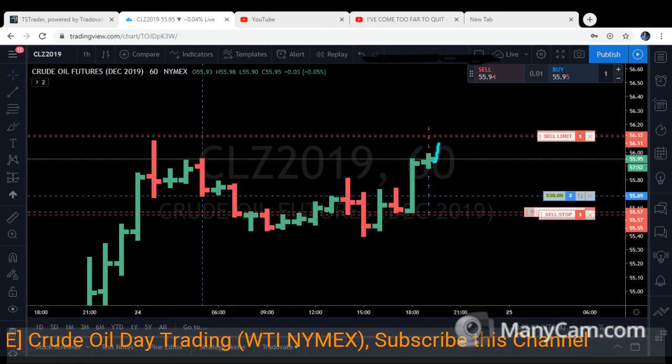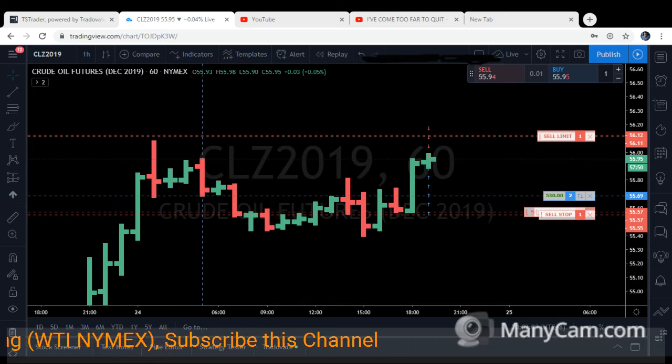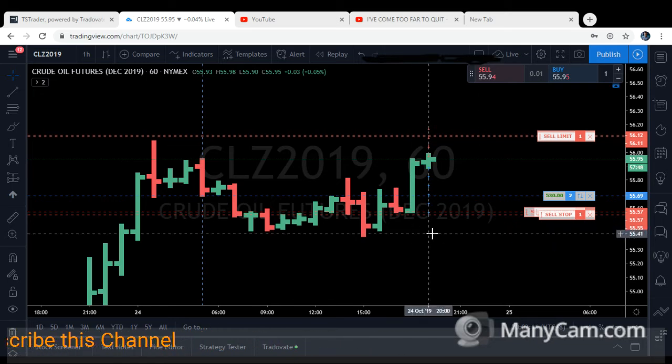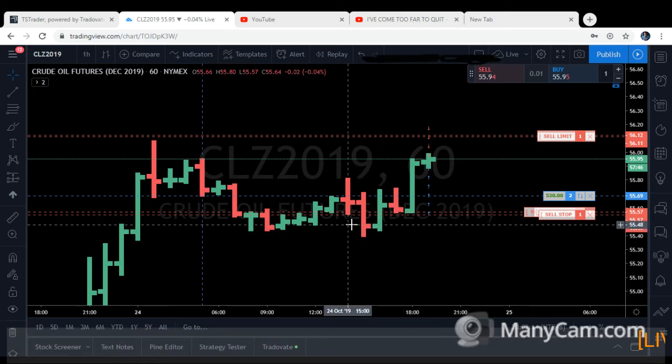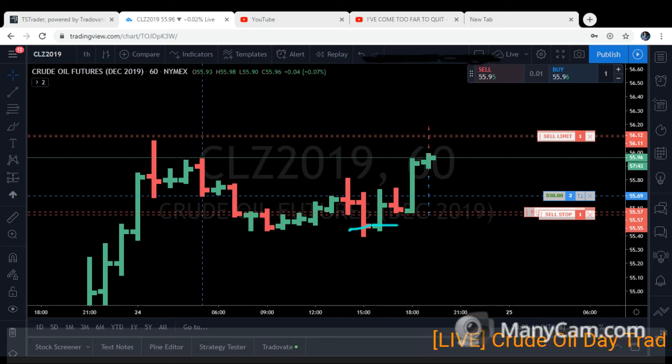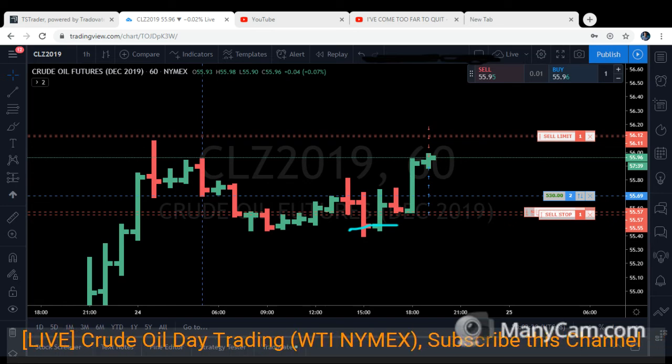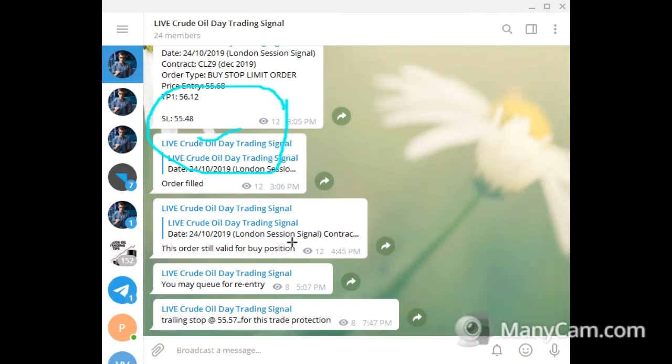So let's be patient. Although there's one trade that already hit the stop somewhere here, I have two positions, one remaining, and we requeued for re-entry based on my suggestion as well.